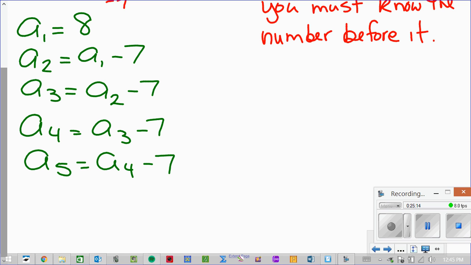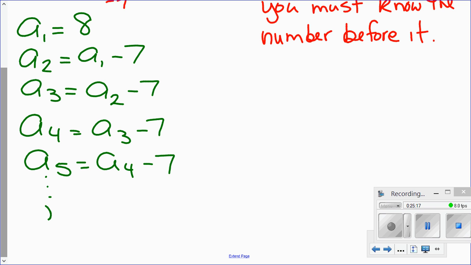So here's what I want you to do. Tell me, how would I write what goes there if this is n instead? Pick a pattern, figure out what to write there.